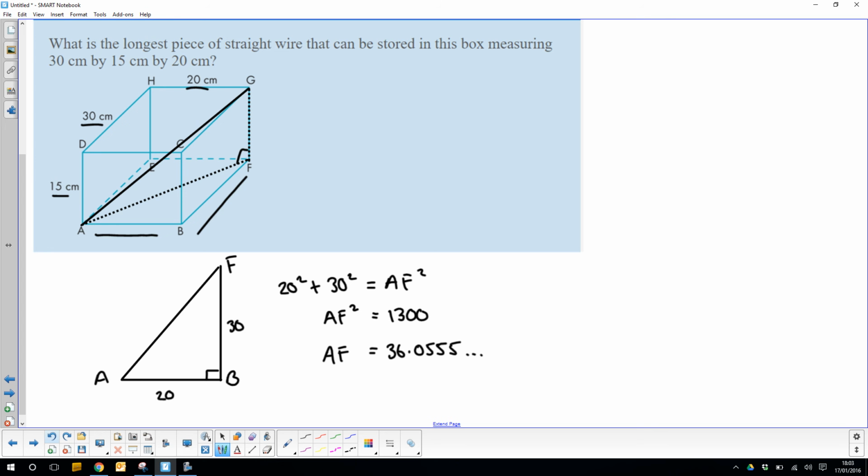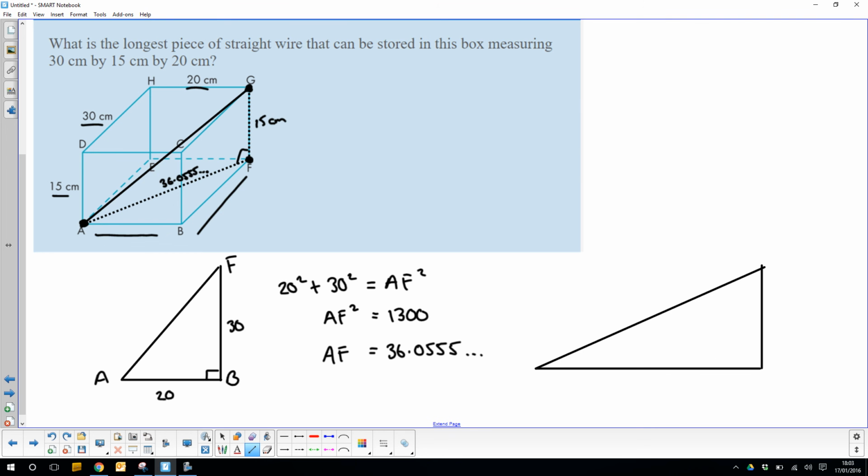Now we need to consider the triangle that goes A to F to G. We've worked out this length along the bottom, 36.0555... The length up the side we know is 15 centimetres, the same as this 15 centimetres over here. So we should now have the information we need to work out AG. Let's draw another right-angled triangle to make sure we're getting everything in the right place.